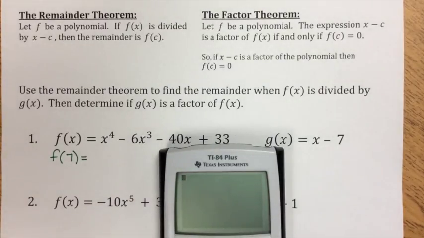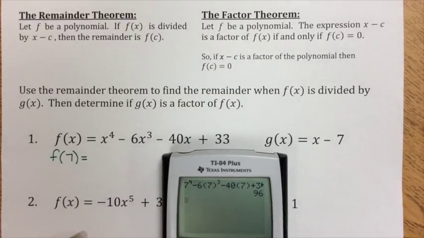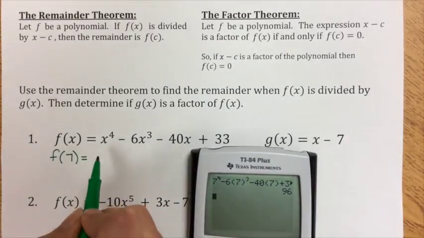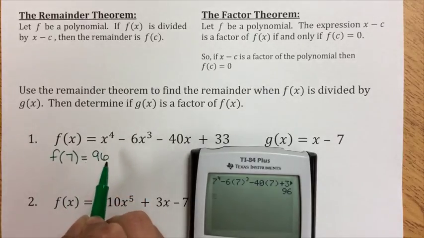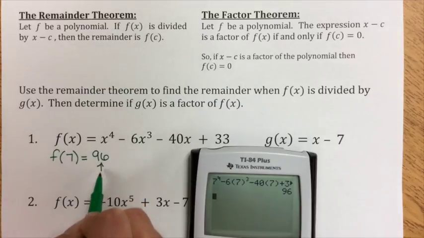So we're going to say 7 raised to the 4th power minus 6 times 7 cubed minus 40 times 7 plus 33. And you'll see that our answer is 96. So when we plug in 7, our answer is 96. That means that this is the remainder.